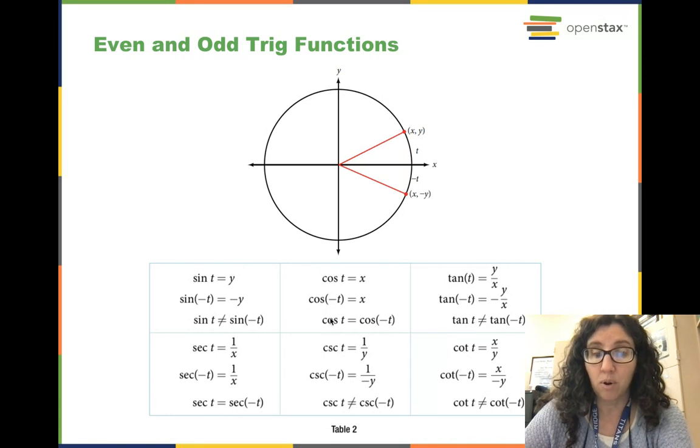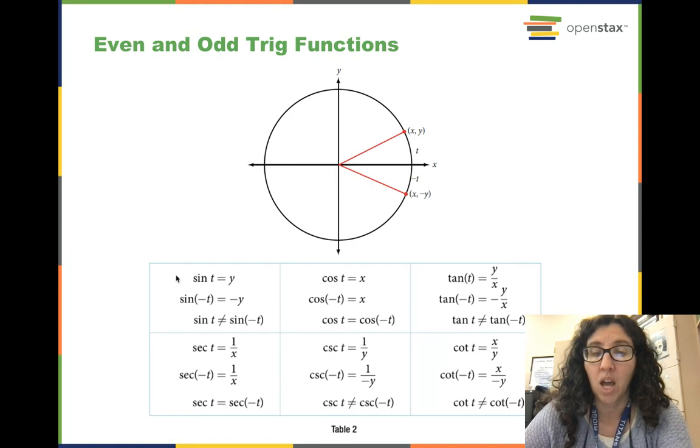So remember, this is the definition of even. Let's think about sine. Well, the y value, or sine of t, this y value, here's negative y, right? So sine of negative t equals negative sine of t. So this is odd.